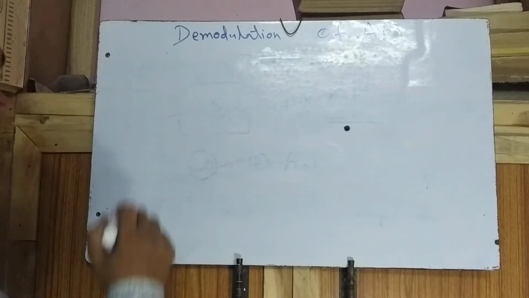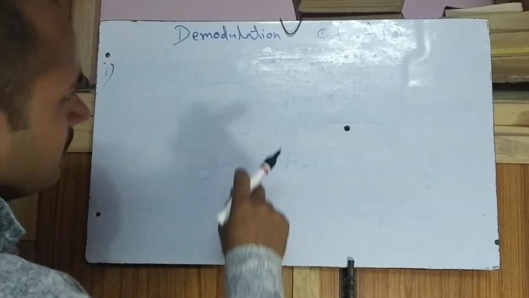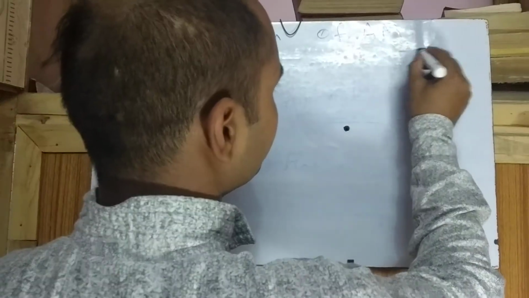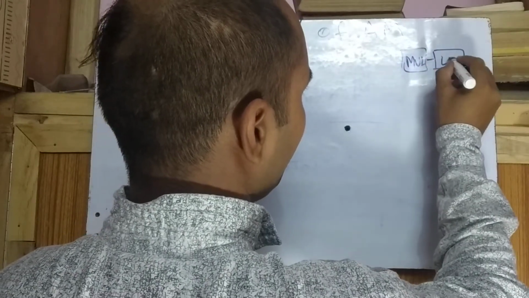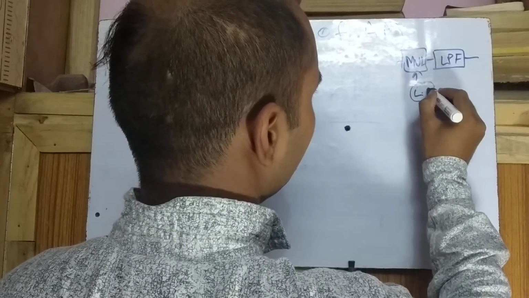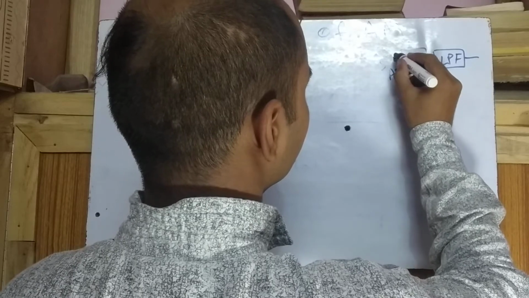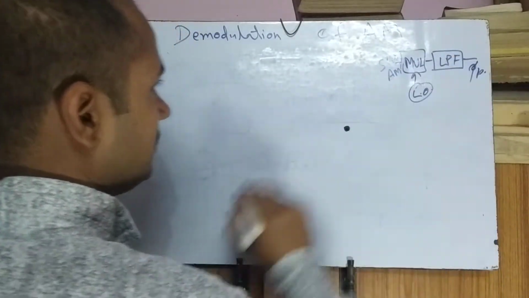So first case, when local oscillator output is synchronized in phase and frequency both. Multiplier, LPF and output, and this is local oscillator, and this is S_AM(t). It is the block diagram and the output.